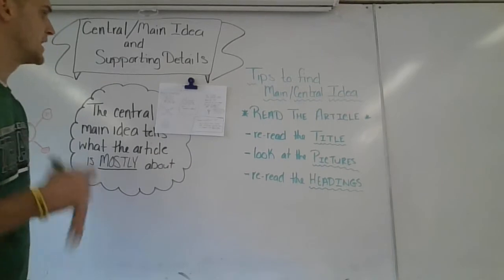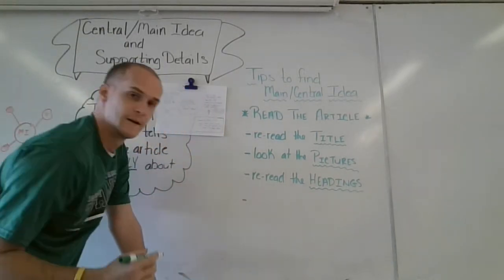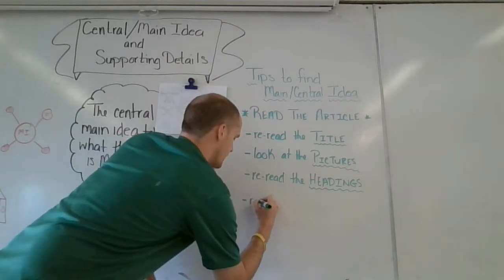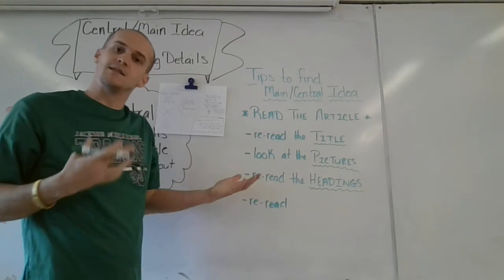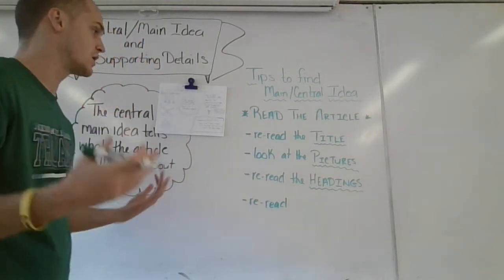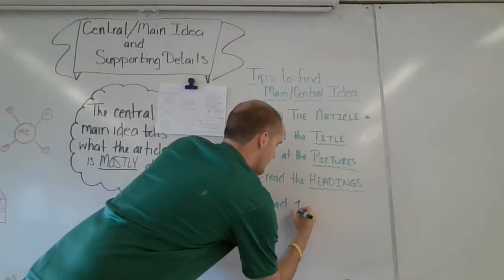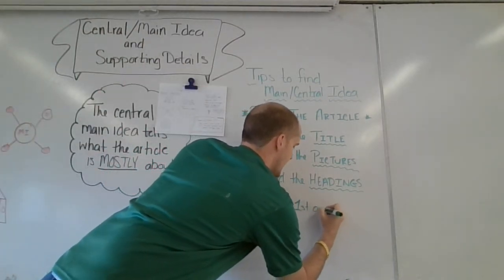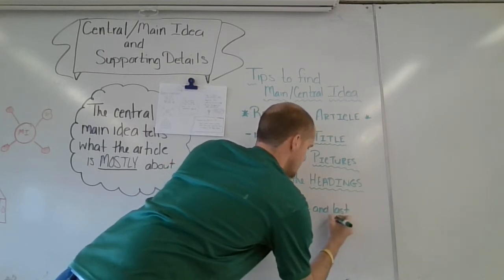All right? But the next one is referencing the article itself. If you are looking for the main idea, because sometimes the question will say, what is the main idea of paragraph 3? And so what you're going to want to do is reread the first and last sentence.